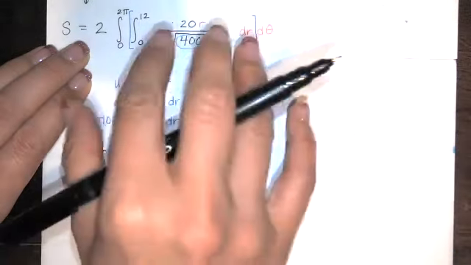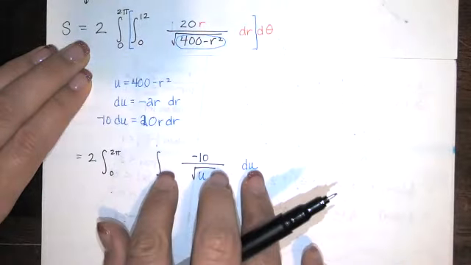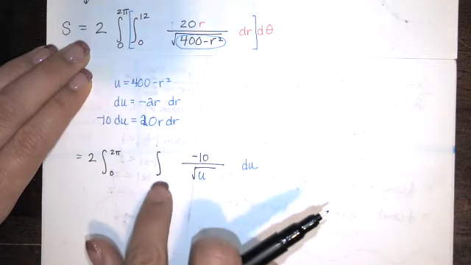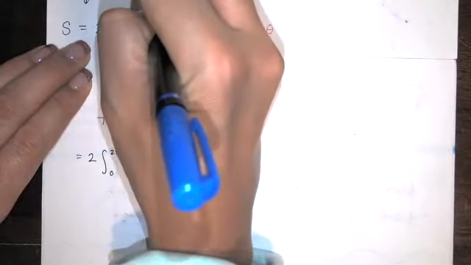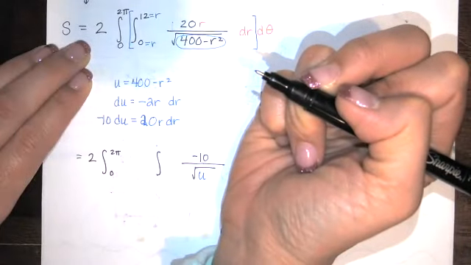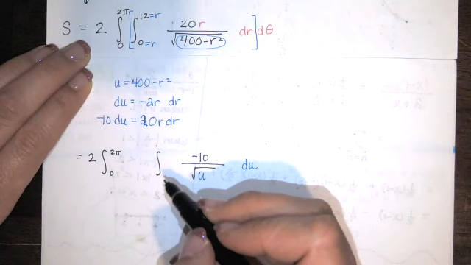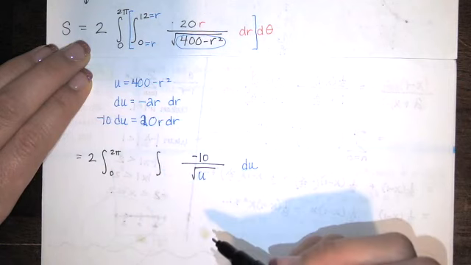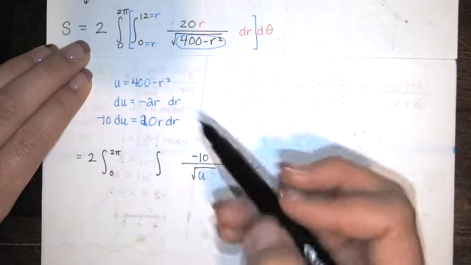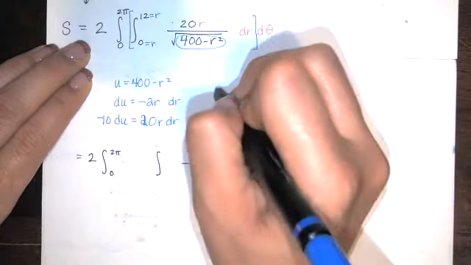Now, in order to convert this integral in terms of r into this integral in terms of u, I also need new bounds because remember, these are r values. This says r starts at 0 and ends at 12. If I've got an integral in terms of u, I need to know where u starts and where u stops. To find the bounds for u, we just substitute the bounds for r into this equation.